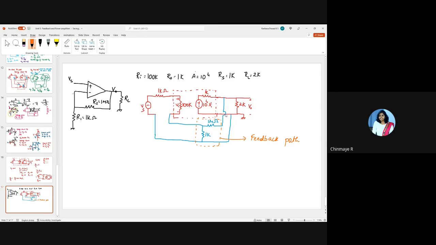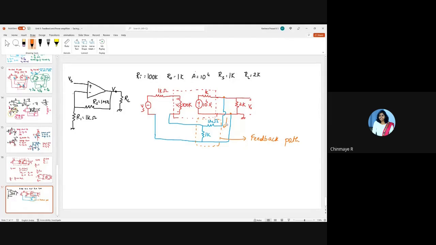So the next thing we are going to do is, we will see what is the impedance seen through these 2 points of the amplifier. So what impedance of the feedback path do we see from these 2 points? Okay, the impedance that is seen from the output of the amplifier into the feedback path.